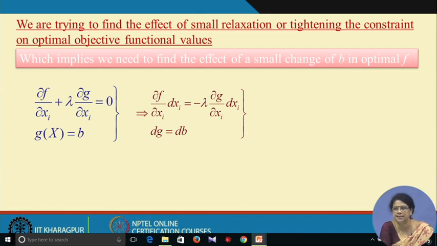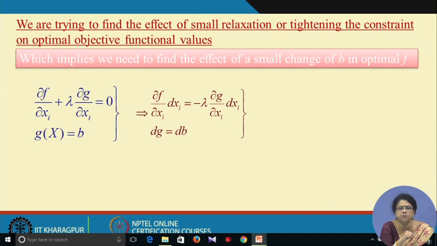What do you mean by sensitivity analysis of an optimization problem? You must have done sensitivity analysis for the linear programming problem. It means that if I change the feasible space a little bit, if I reduce it or extend it a little bit, how is the optimal solution affected. The objective function is the same, but we are changing only the feasible space.